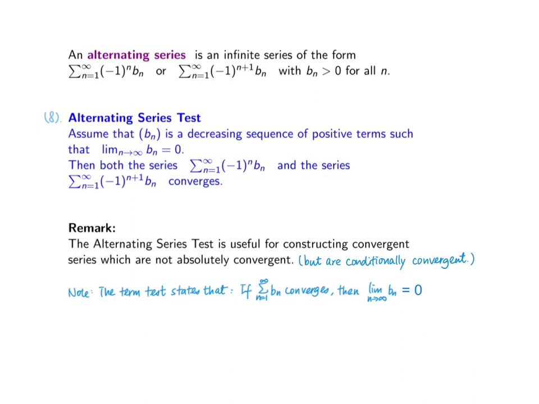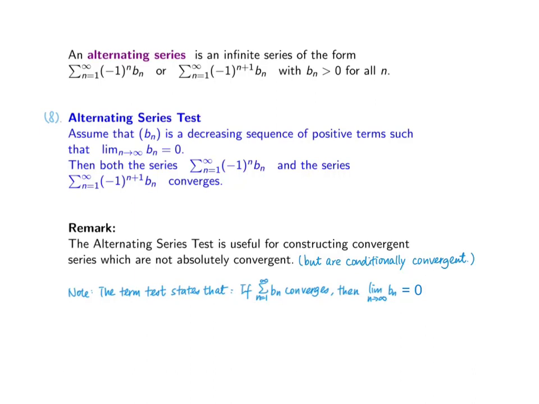We cannot conclude by the term test whether the series converges or diverges by simply referring to the fact that the limit of Bn as n tends to infinity equals 0. This series may converge or may diverge.